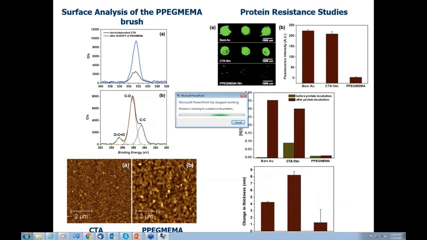This was done using XPS, fluorescence spectroscopy, and again AFM to corroborate the high protein resistance of those PEG methacrylate brush-derived surfaces.